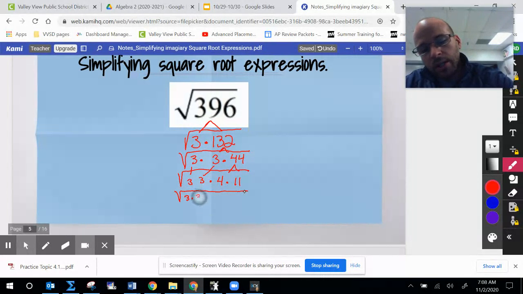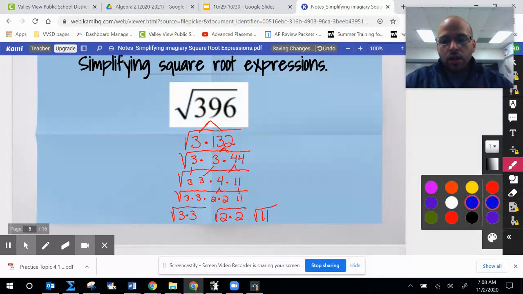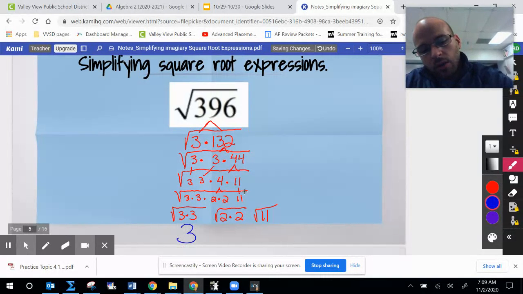I can break 4 down into 2 and 2. 11 is prime. That doesn't break down. So now I have the square root of 3 times 3, the square root of 2 times 2, and the square root of 11. So if I do this, I know I'm going to have a 3, I'm going to have a 2, and we can't really reduce the square root of 11.